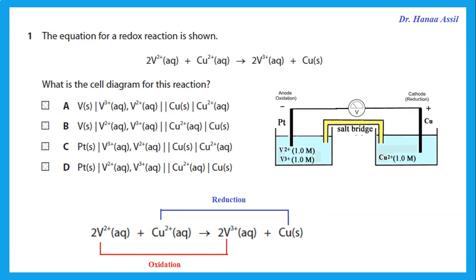So this is the reduction, and we have a salt bridge in the middle, indicated by two lines. So this is how we write the cell diagram for this reaction. The platinum electrode, and then the solution of vanadium 2 plus, vanadium 3 plus, the salt bridge, that's the double line, and copper 2 plus to copper solid.